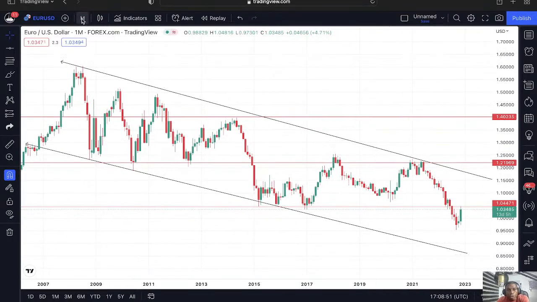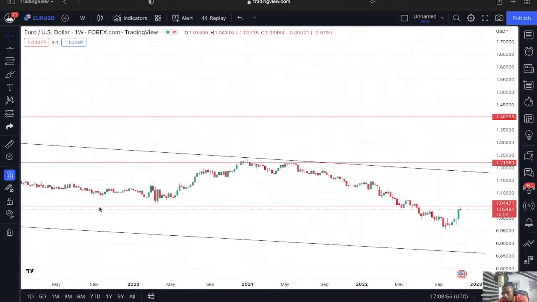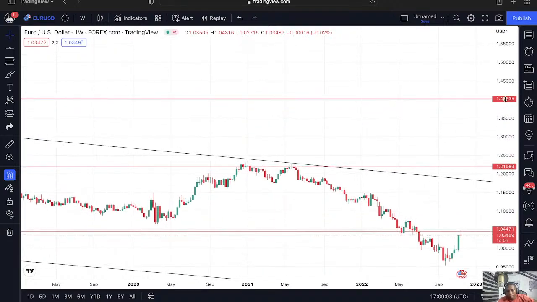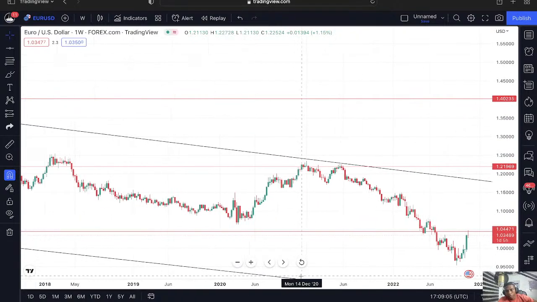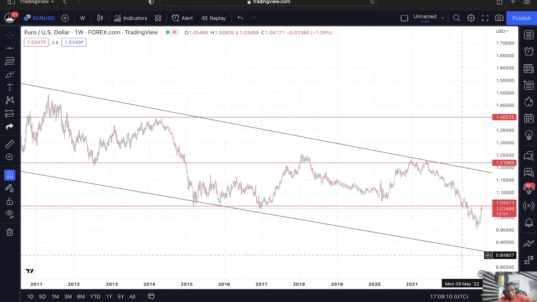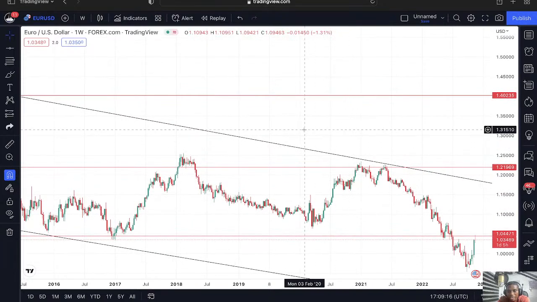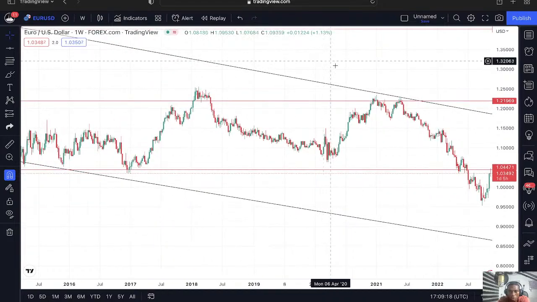So let's go down to the weekly time frame. When we touch down on the weekly time frame, we can see clearly what's actually going on.